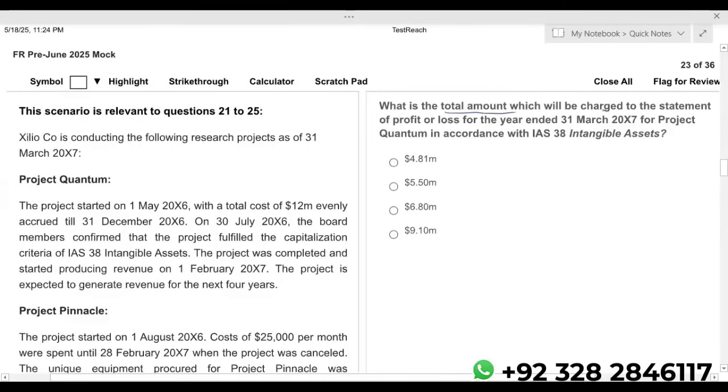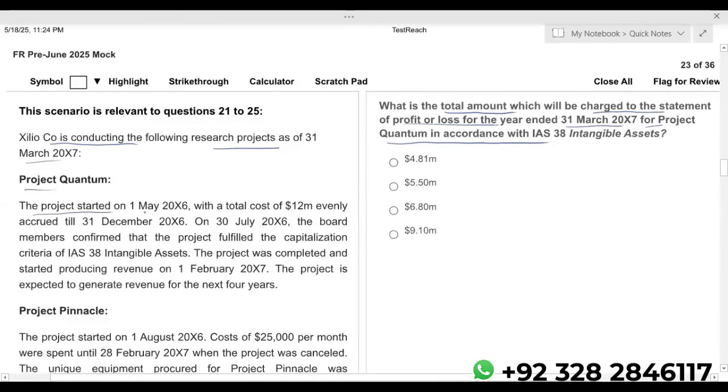What is the total amount which will be charged to the statement of profit and loss for the year ended 31st March X7 for Project Quantum in accordance with IAS 38 intangible asset? Let's see. Exilio company is conducting the following research project for March X7, Project Quantum.